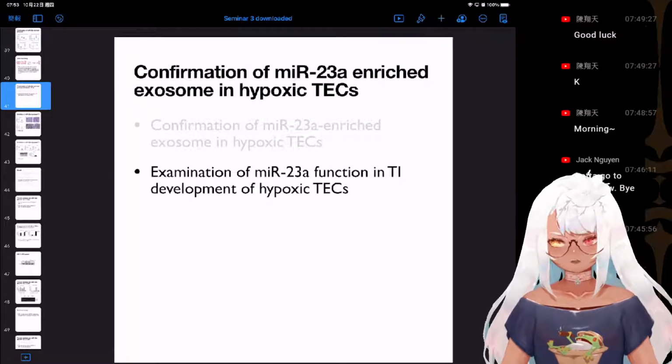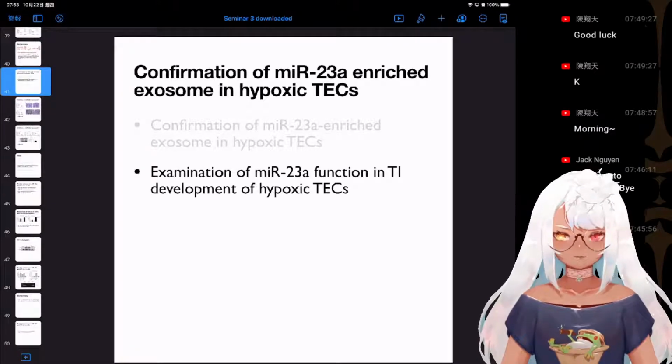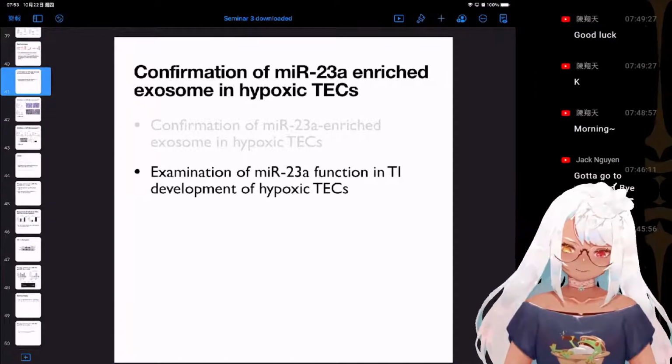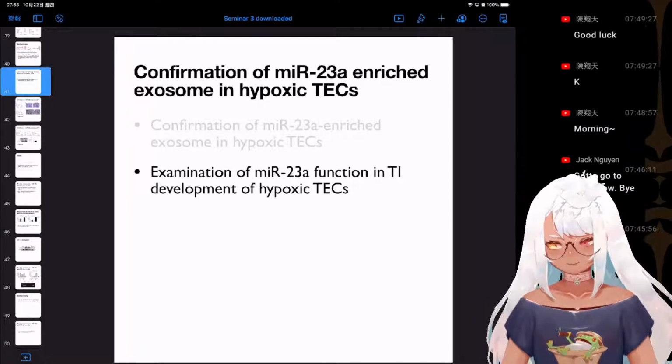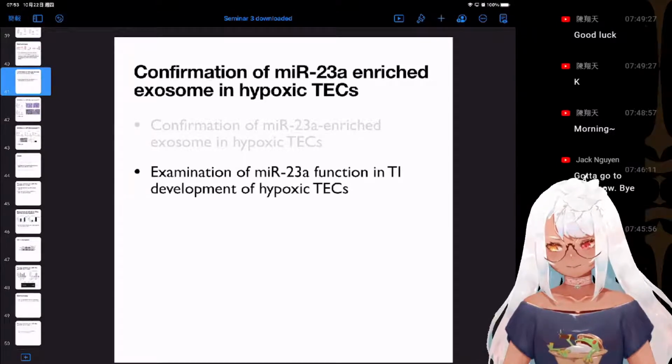So now we learned about the existence of miR-23a inside our hypoxic TEC. Now we want to know the function, and whether it's related to TI development.